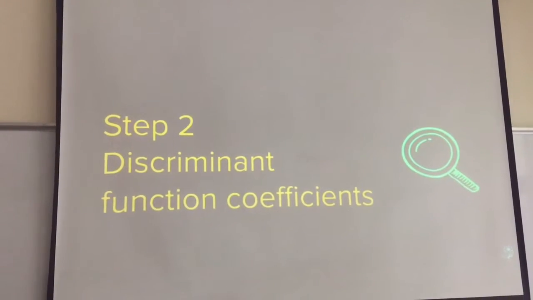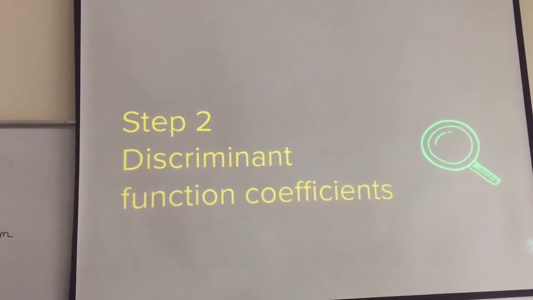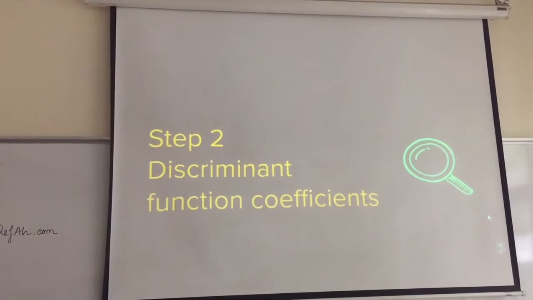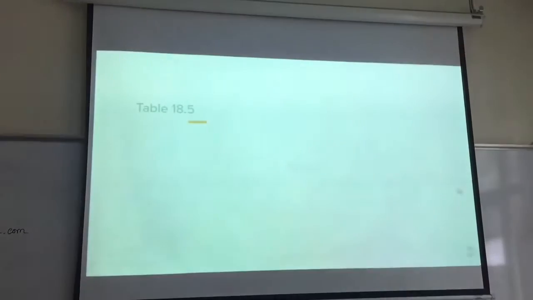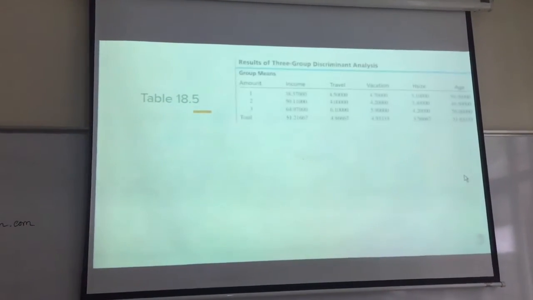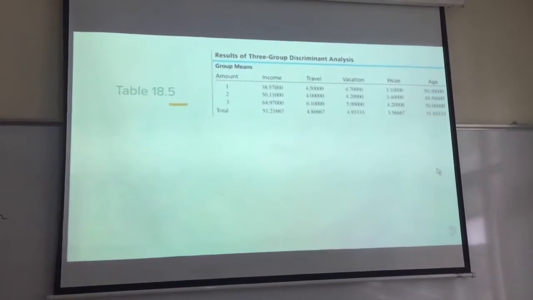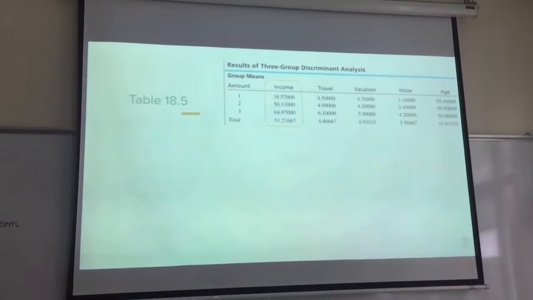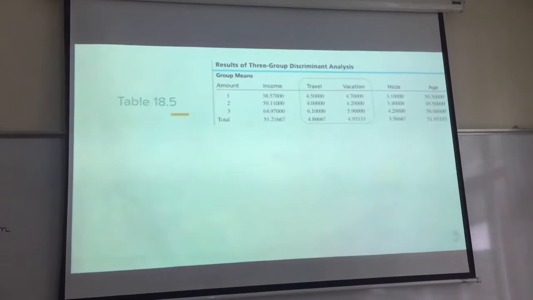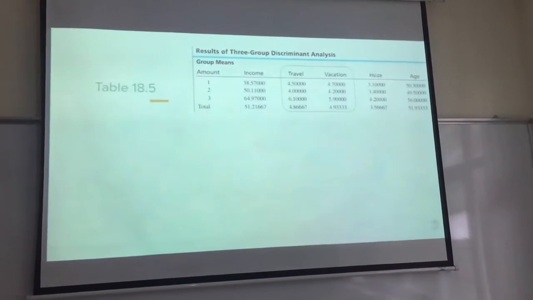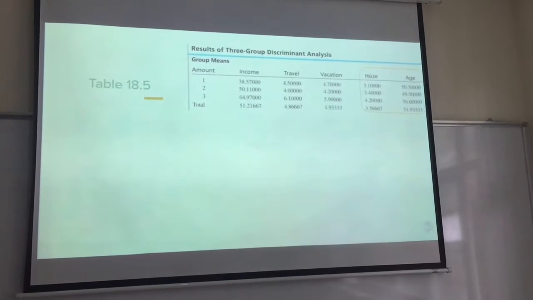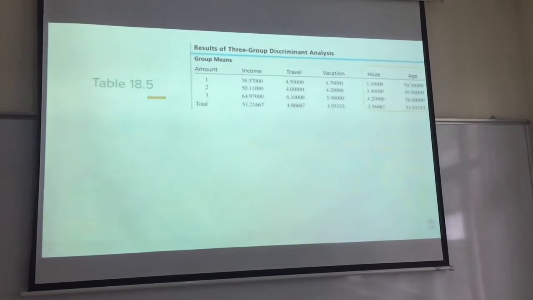And next, let's jump into step 2, discriminant function coefficients. So the group means indicate that income appears to separate the groups more widely than other variables. And there is some separation on travel and vacation, while group 1 and group 2 are very close in terms of household size and age.